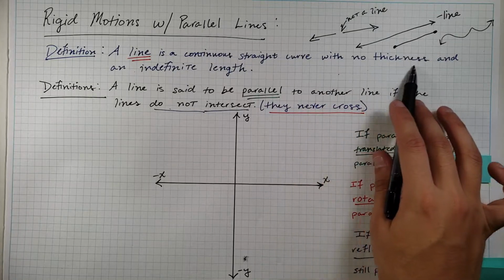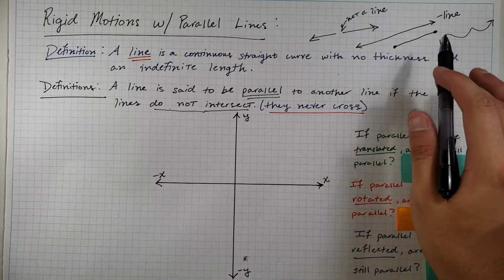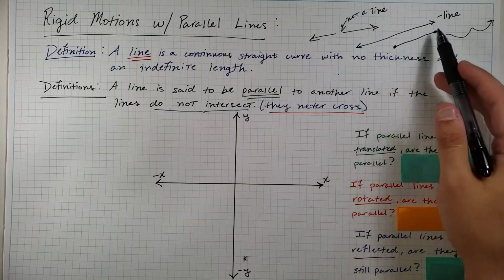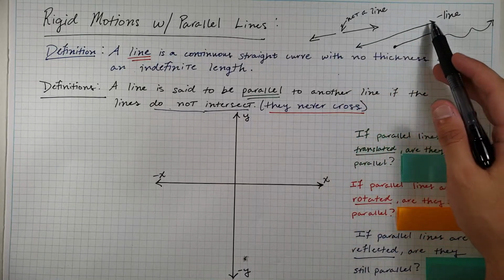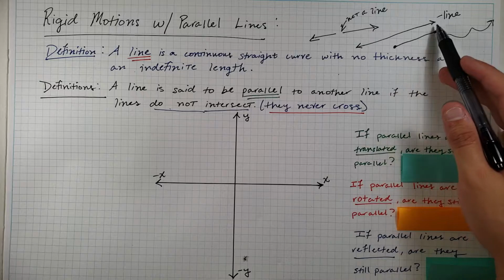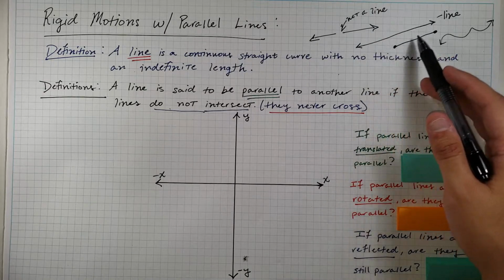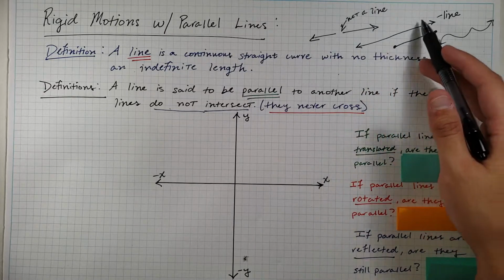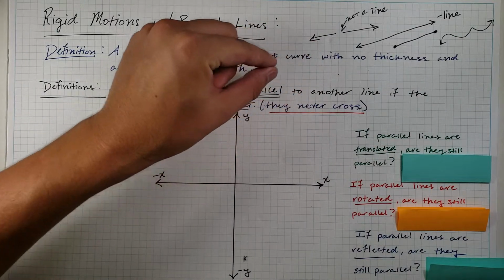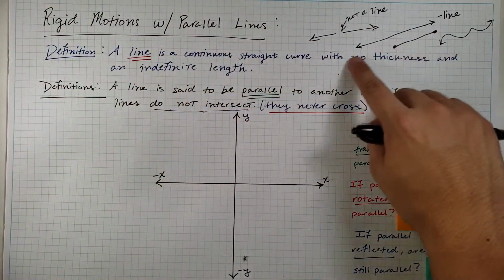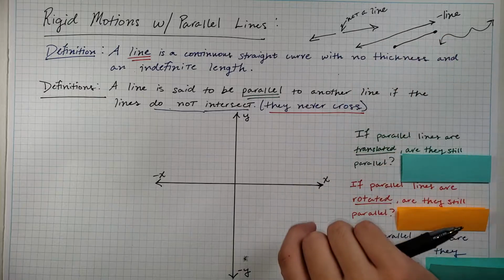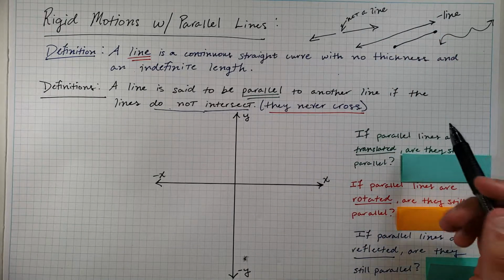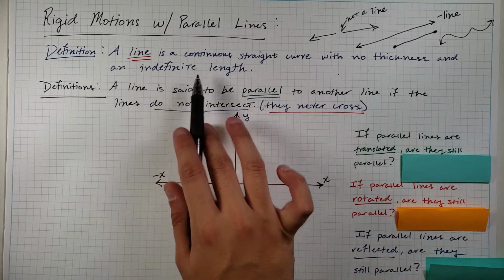where it says we have no thickness, okay? So what does it mean by no thickness? We're just going to assume that this line right here is indefinitely thin, infinitely thin. So try to think of it as not having thickness at all, right? You could just try to imagine that. And an indefinite length.